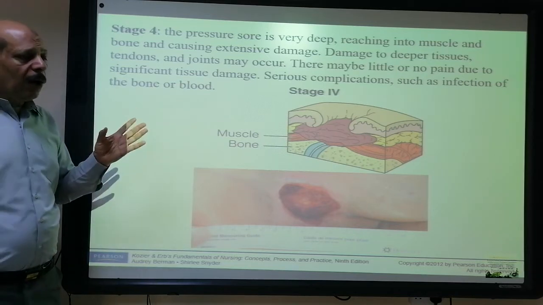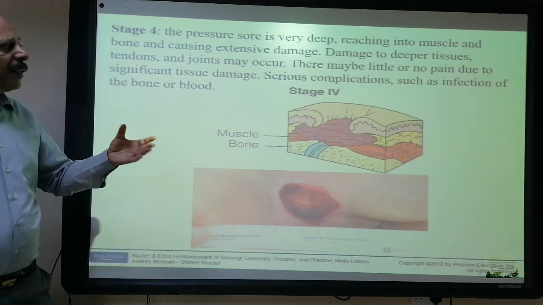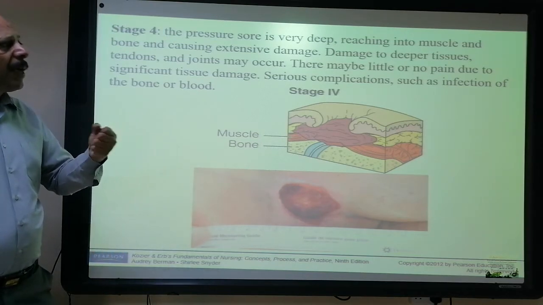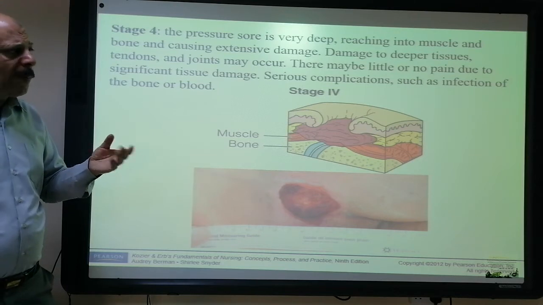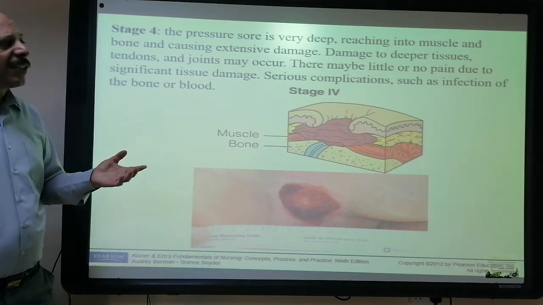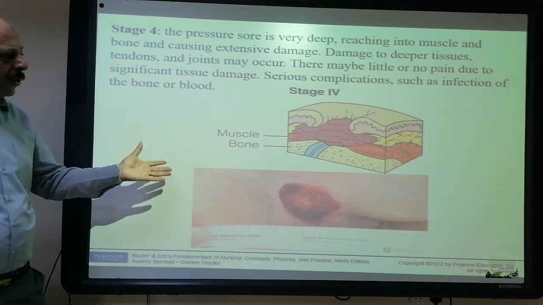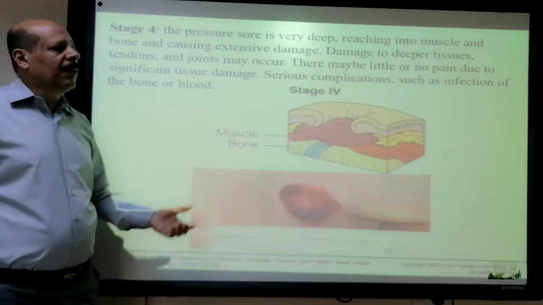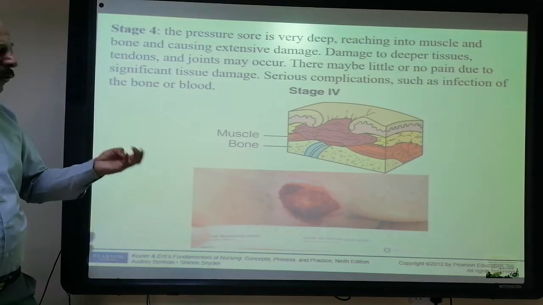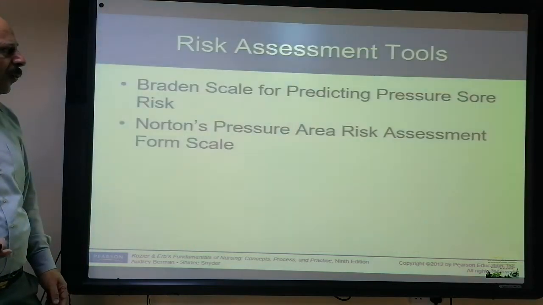So damage of deeper tissues, tendons, and joints may occur. There may be little or no pain due to significant tissue damage. Serious complications such as infection of the bone might happen. It might lead to gangrene, it might lead to infection of the bone, and in this case, it is difficult to deal with it.